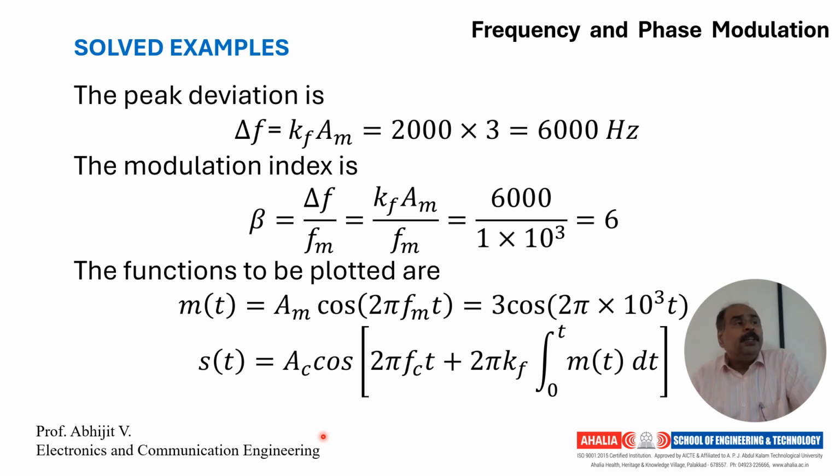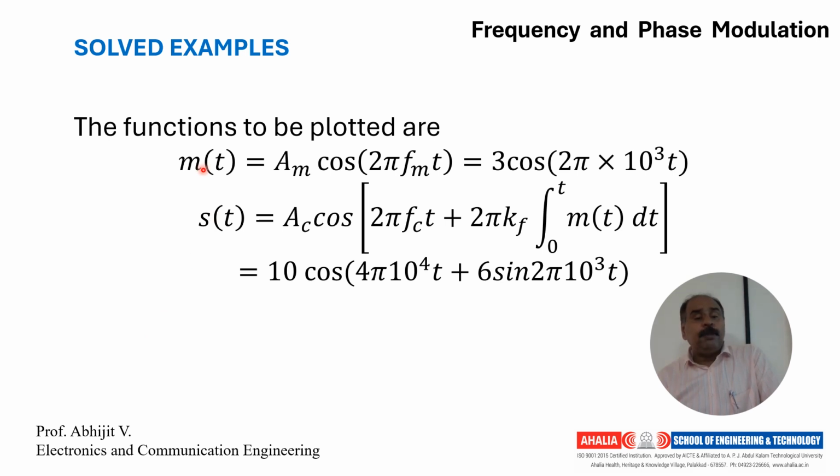This is the equation for the output frequency modulated wave. So what are the functions that are to be plotted? First one is m of t, second one is s of t.